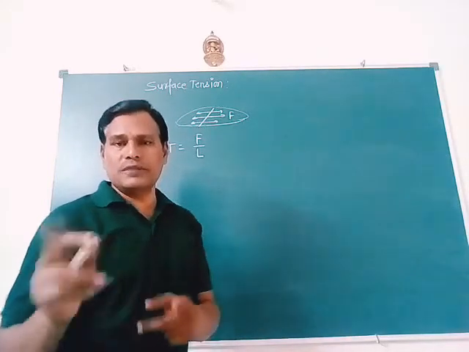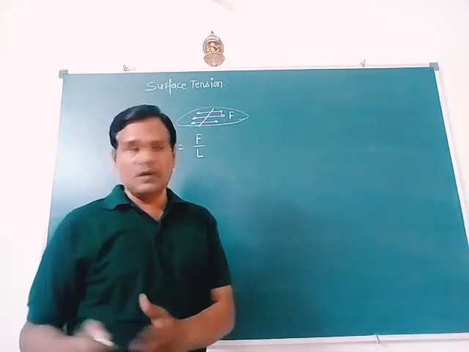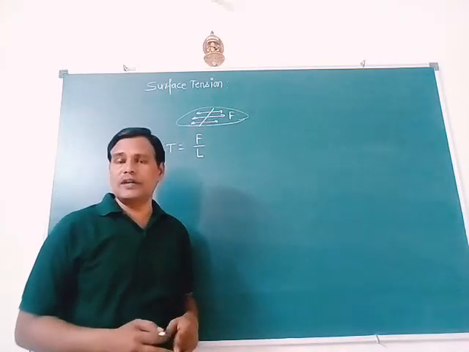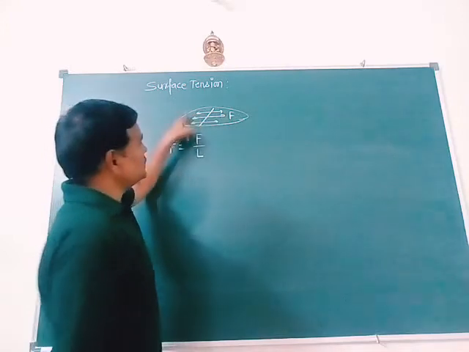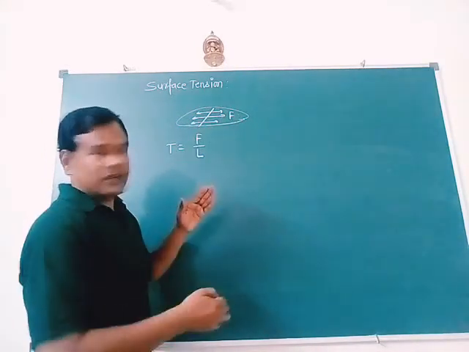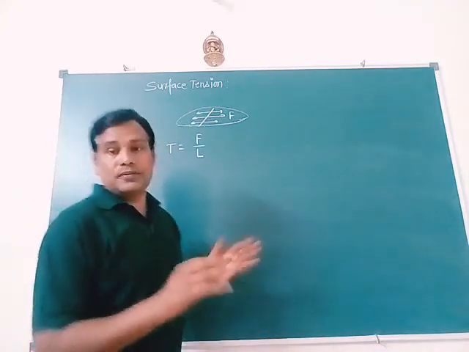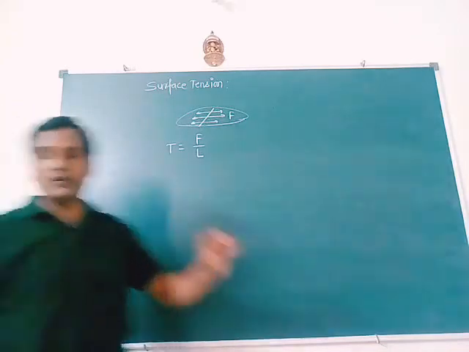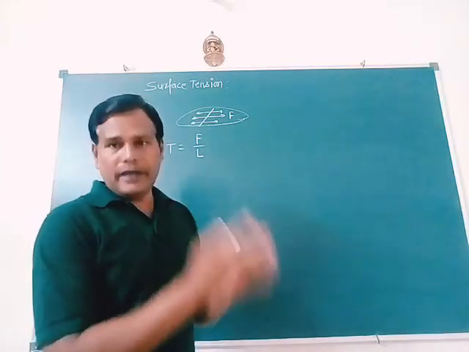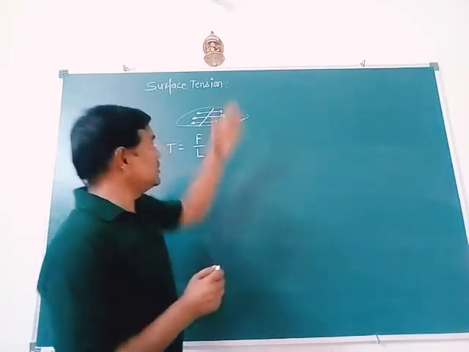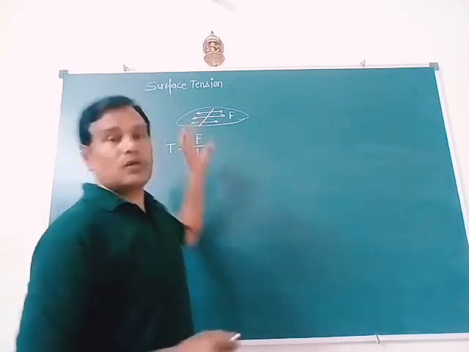In your book, the definition is given like this: the tangential force acting per unit length on either side of an imaginary line drawn in the free surface of liquid is called surface tension.